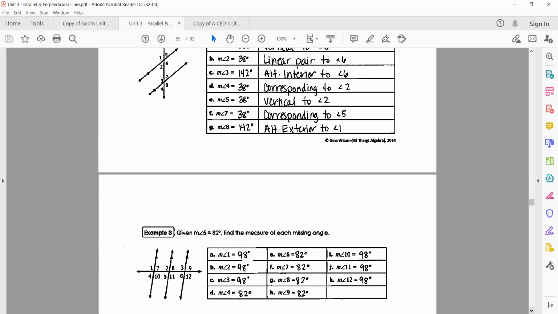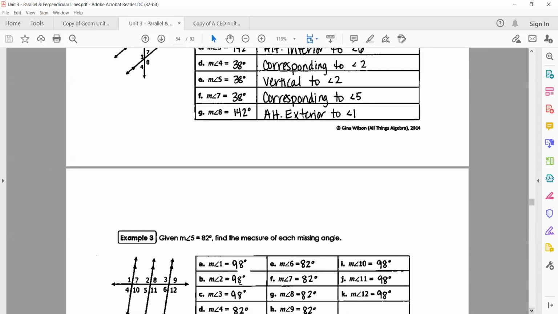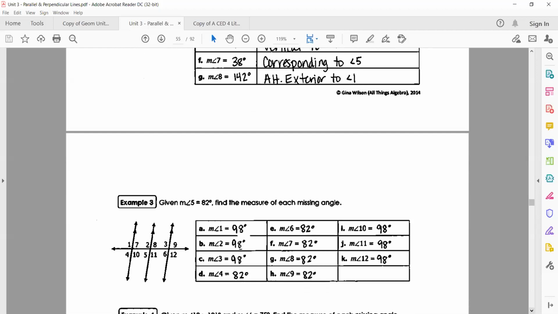Yeah, there you go. 82 and 98 degrees. Questions on how I got any of those? All I'm doing is using the definitions.